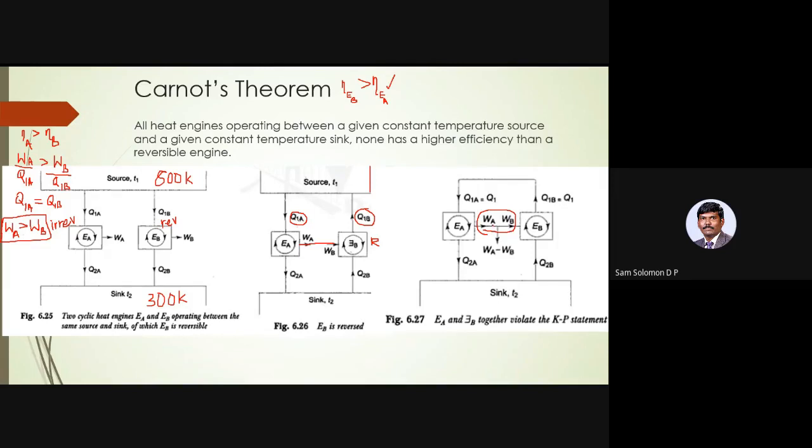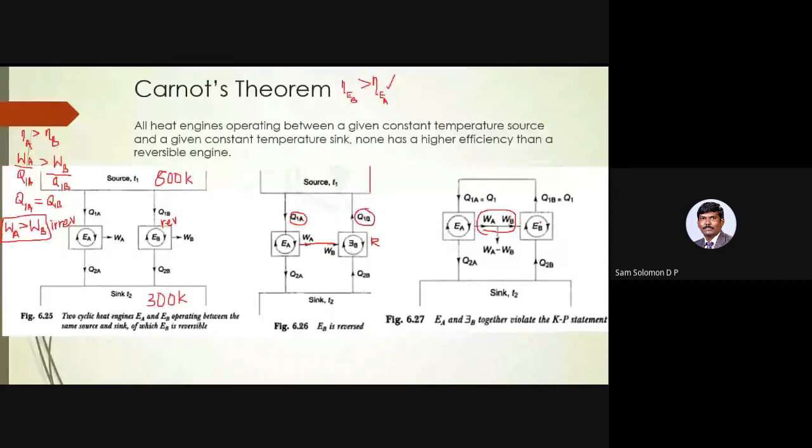So now because Q1A is equal to Q1B, Q1B amount of heat is rejected to the source by this reversed engine. So now I don't require a temperature source because Q1B is equal to Q1A. So now I have an engine which runs a refrigerator.